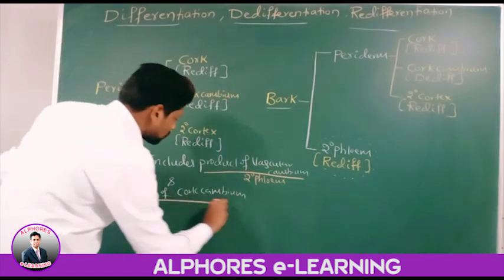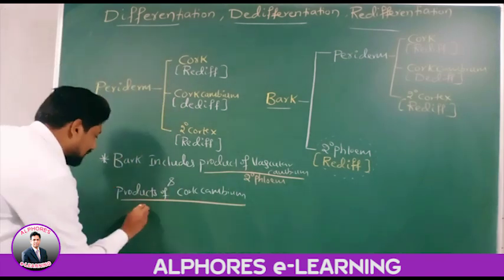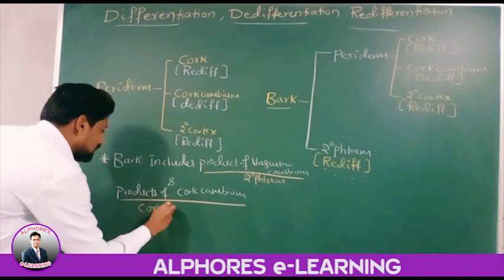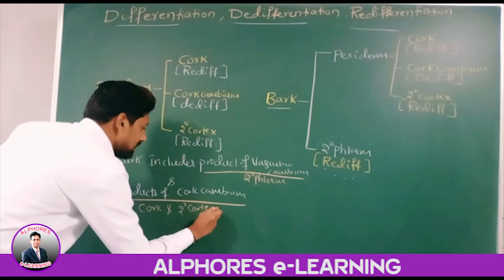It also includes products of cork cambium. What are the products of cork cambium? Cork and secondary cortex.